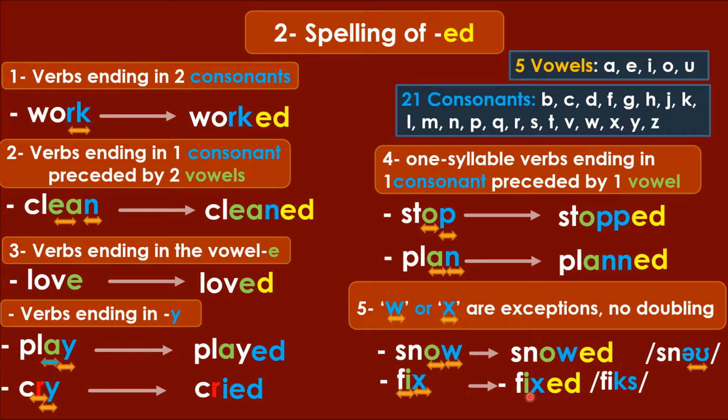Why? If you look at the pronunciation of fix, you will notice that it ends in two consonants, K and S. So it is like the first case, like work, and that's why we added ED.